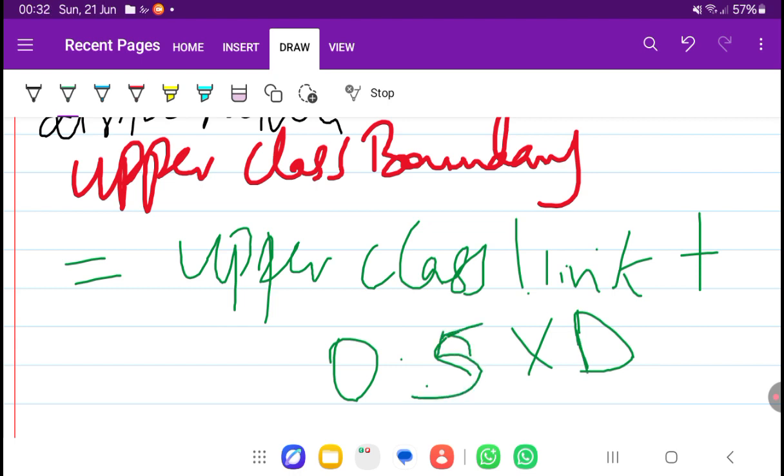I will explain as we go on. Then the lower class boundary is the lower limit minus 0.5 times d, and d is the size of the gap that exists between successive classes.